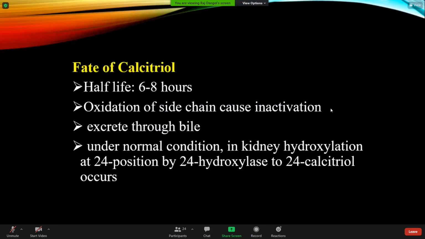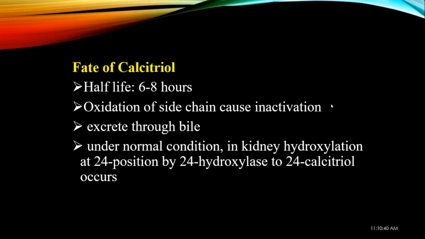So, the fate of calcitriol. The half-life of calcitriol is around 6 to 8 hours. Oxidation of the side chain causes inactivation, and after inactivation, it is excreted through the bile.